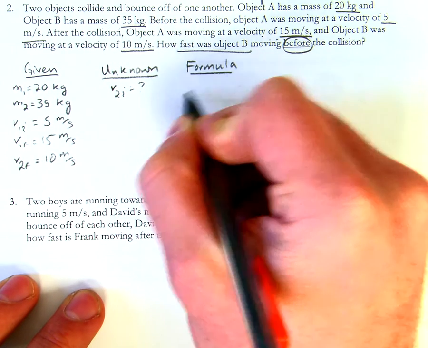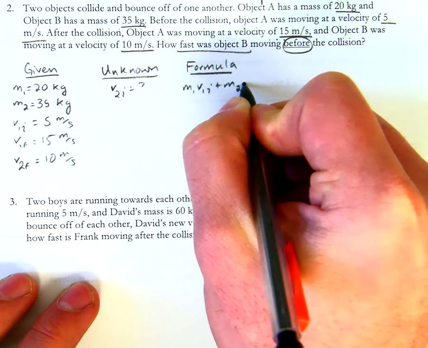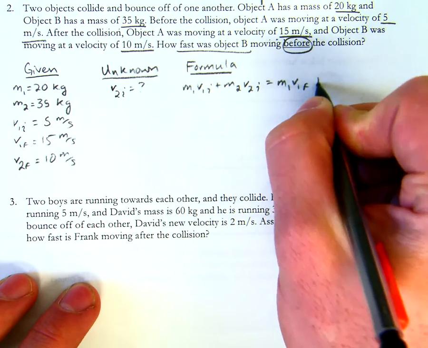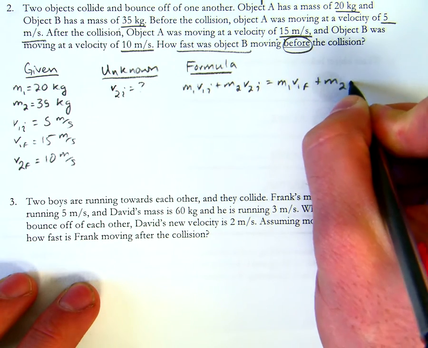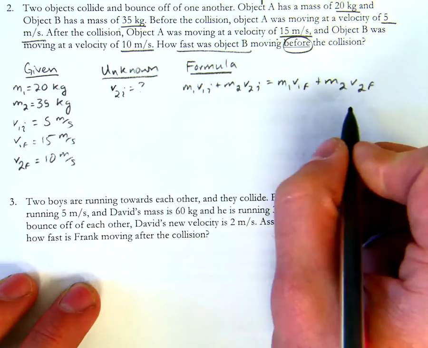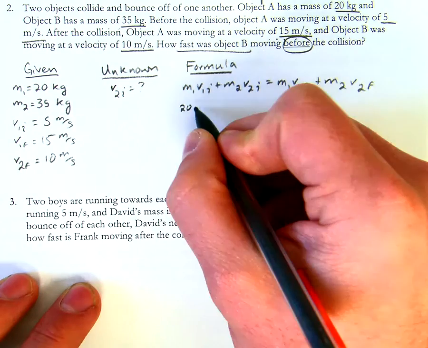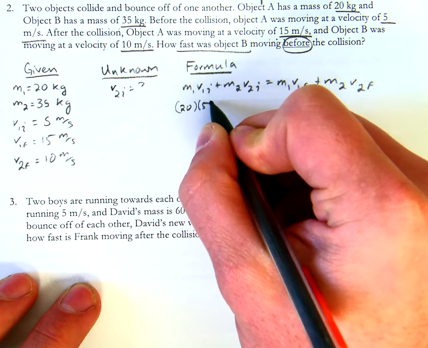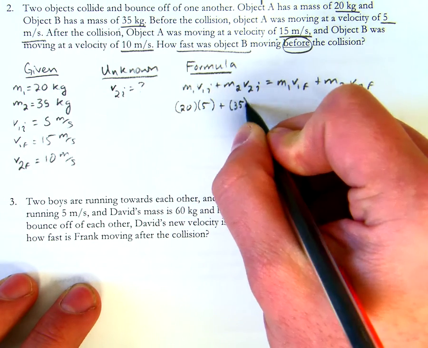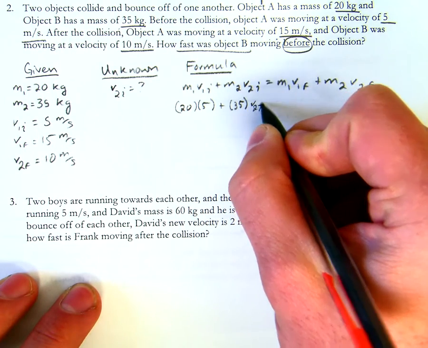Law of conservation of momentum states that m1 v1I plus m2 v2I equals m1 v1F plus m2 v2F. Make my substitutions. m1 is 20, v1I is 5, plus m2 is 35, and v2I is what I'm looking for, so there's my variable.